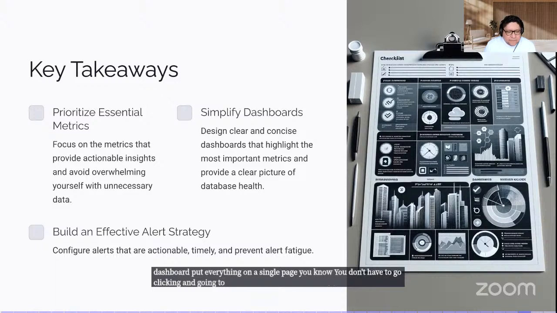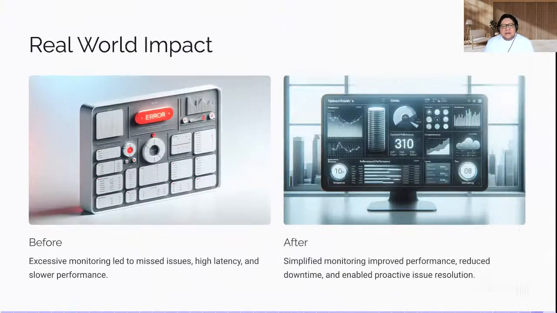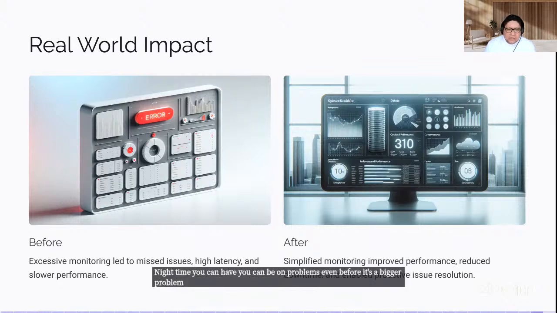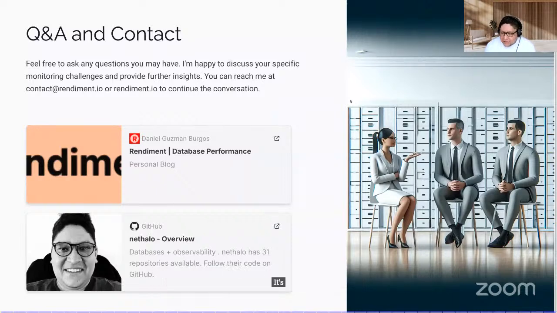Have a good alert strategy that will make you more effective in your work and reduce time. You can be on problems even before they become bigger problems. So it's worth the change. And okay, that's pretty much it.